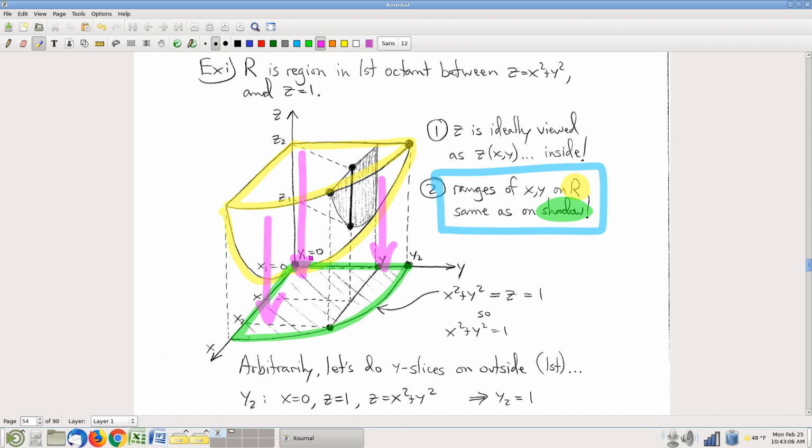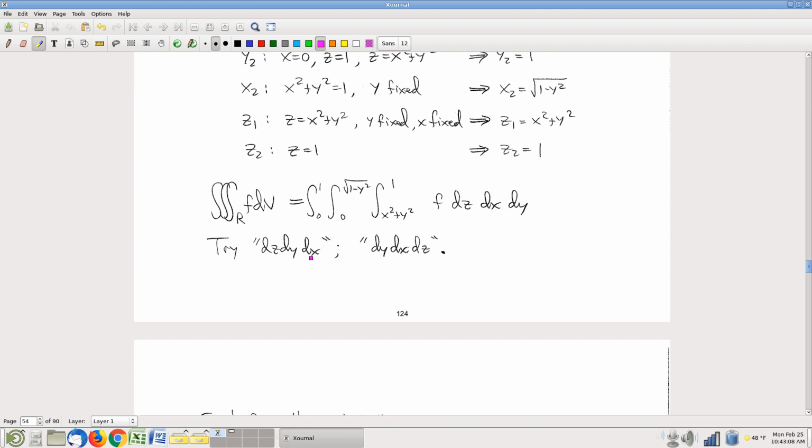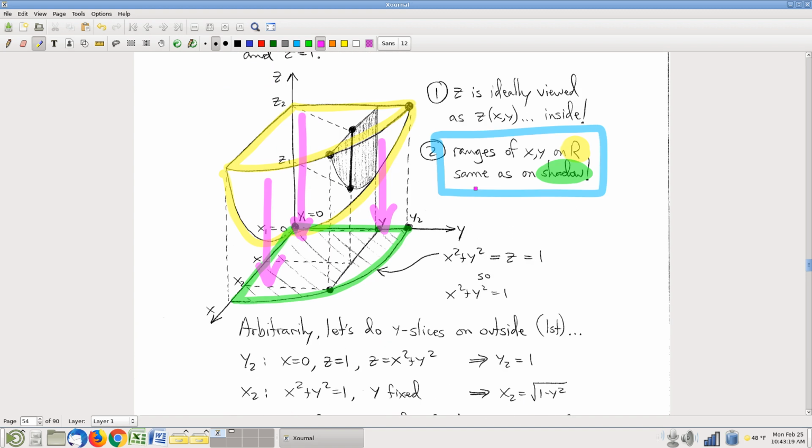What I'm interested in finding are these bounds for the x and y integrals, and all they are is the range of values of x and y. And this observation says the range of values of x and y on the yellow solid is the same as the range of values of x and y on the green shadow. So we can just as well say fully on that solid.